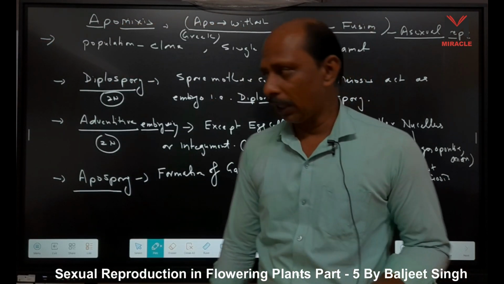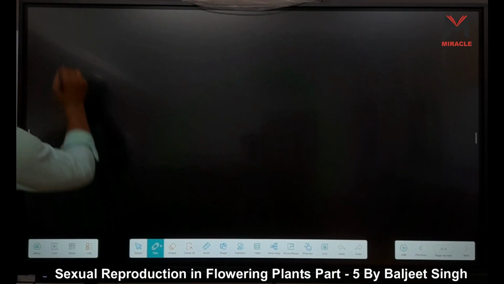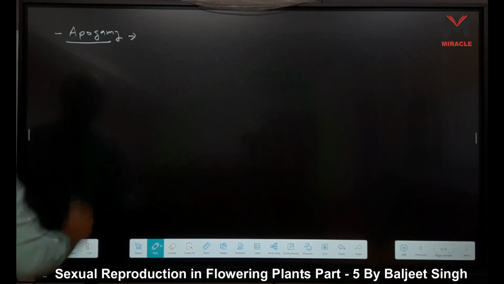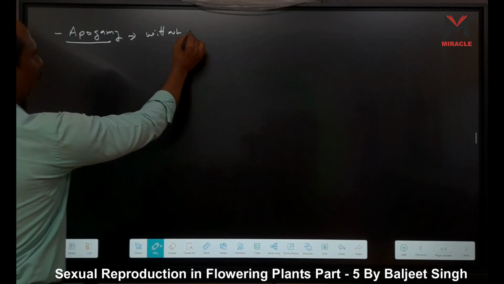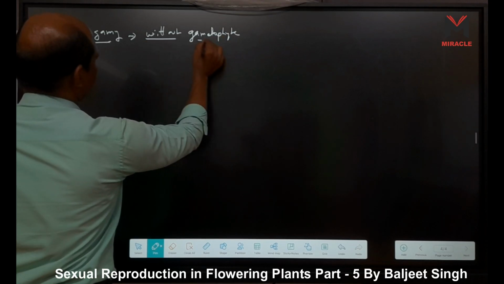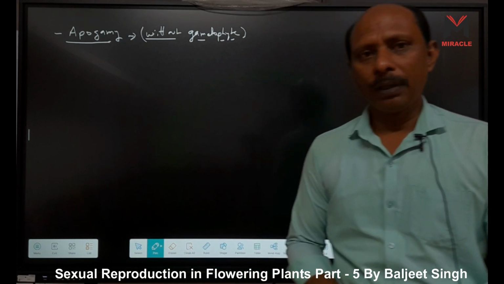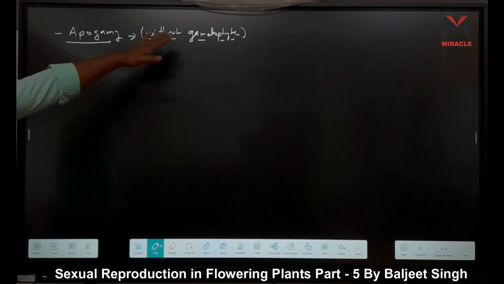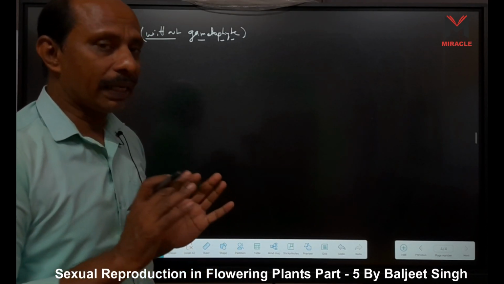Now apogamy is also there, like apospory. Next is apogamy. Apo means without, and gamy means gametes. Here a sporophyte is developed, not through gametes.